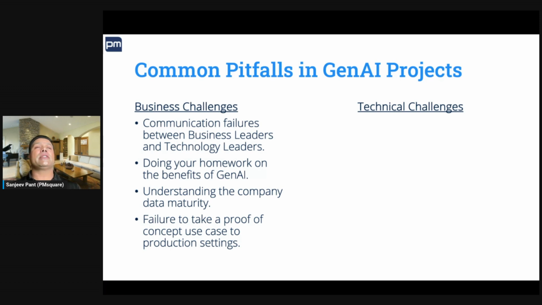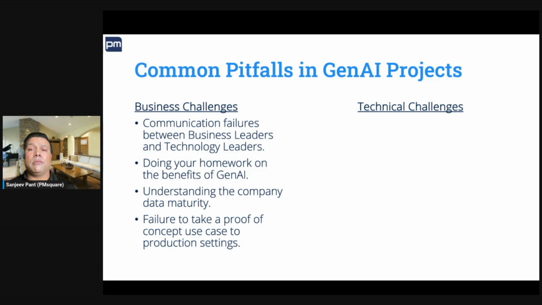We don't take the time, and we don't invest the time, to truly understand how to take the proof of concept into production, and what the alignment between business and technology is. That's very important. The alignment between business and technology is very important.